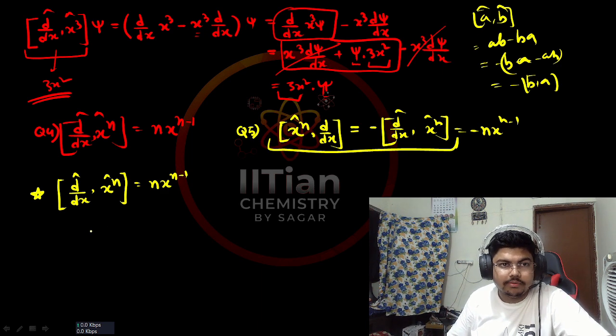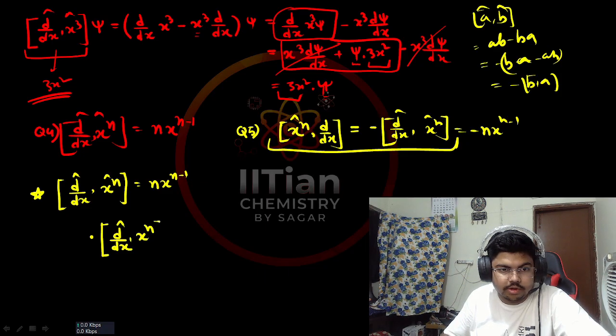So two important formulas we have seen today. That is, the d/dx operator and the x to the power n operator: if its commutator is written, that is nothing but n x to the power n minus 1.